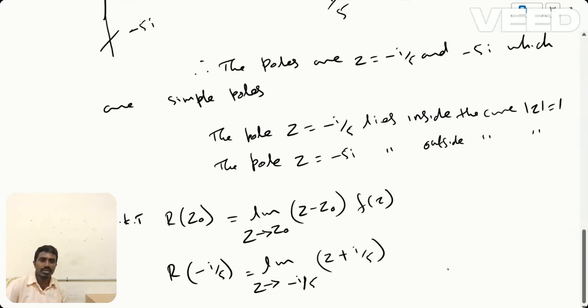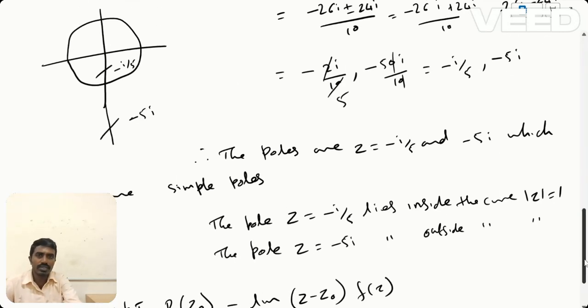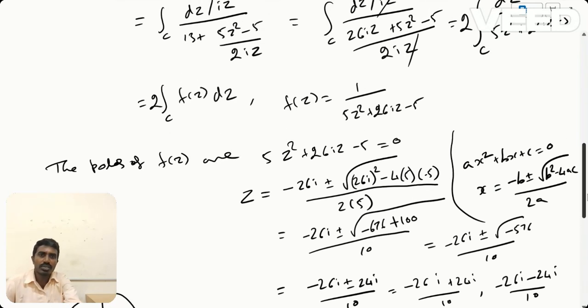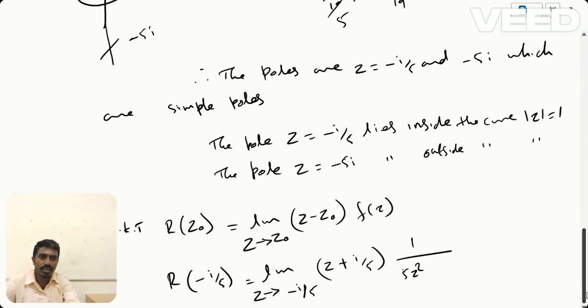So f of z is what? 1 by 5z square plus 26iz minus 5.